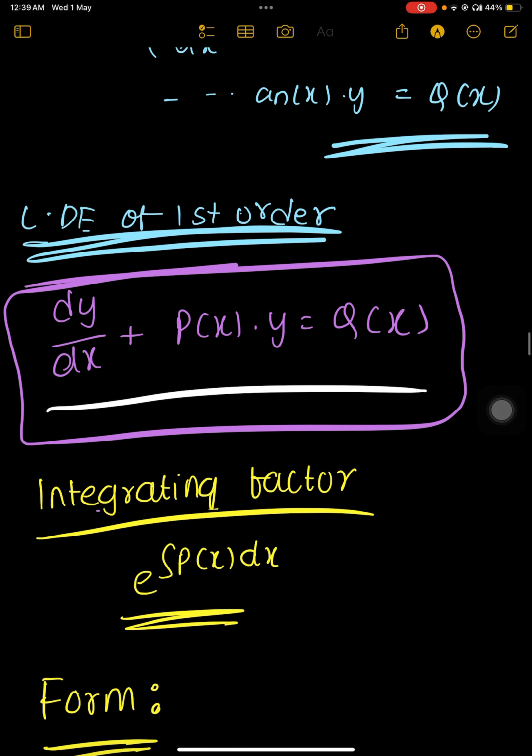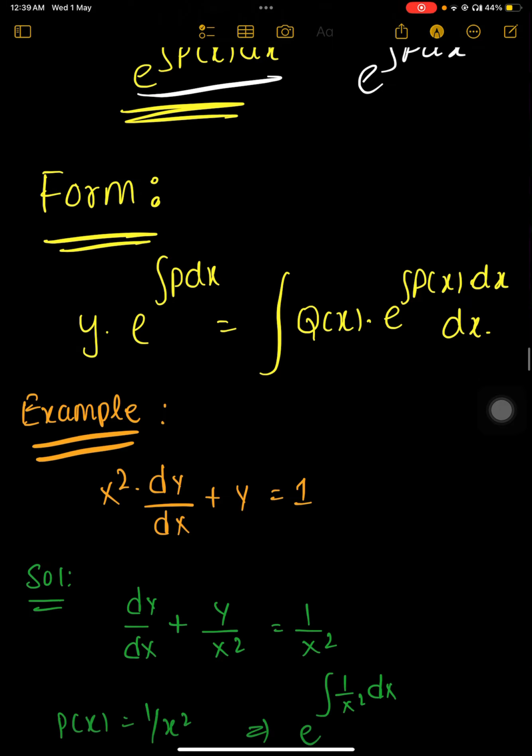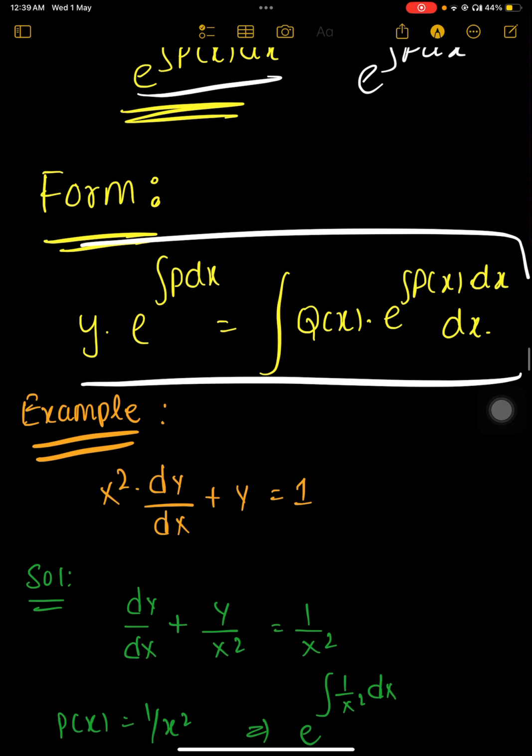The general solution for this is to take the x function that is multiplied with the y as the integrating factor. So you integrate it in the e powers: e power integral of P(x) dx. The form is y into e power integral P dx = integral of Q(x) into e power integral P dx.